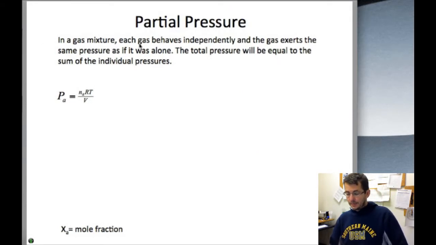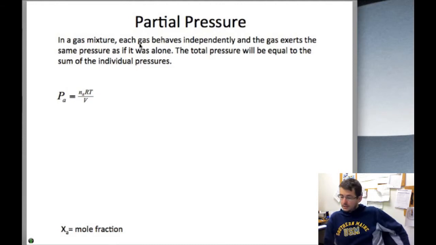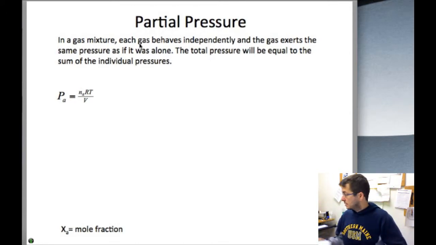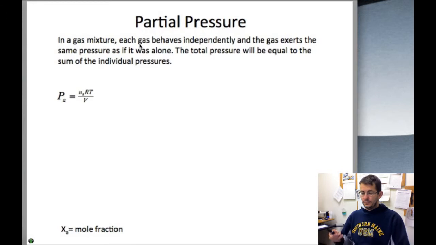One last concept in dealing directly with gas laws is this idea of partial pressure. One of the behaviors of a gas is that when gases are mixed, it's as if each gas behaves independently. And so we can calculate the effects of each component as if it was just alone in a container.